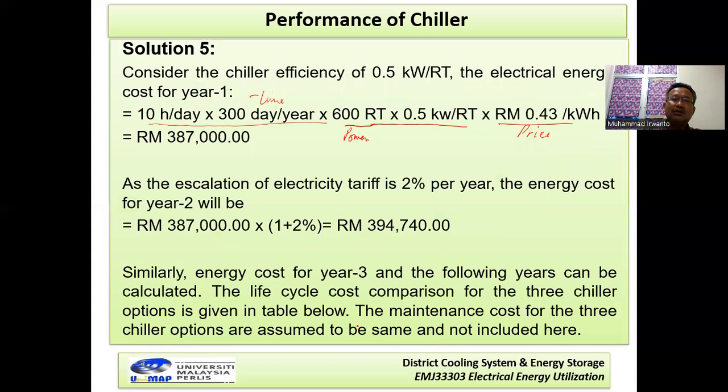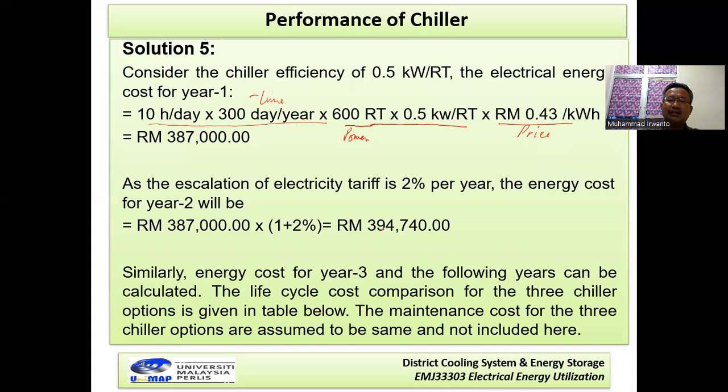Based on the question, electricity cost escalation is 2% per year. So for the second year this value should be multiplied by 1 plus 2%. Meaning year 2 energy cost is equal to year 1 energy cost multiplied by 1 plus this escalation 2%.